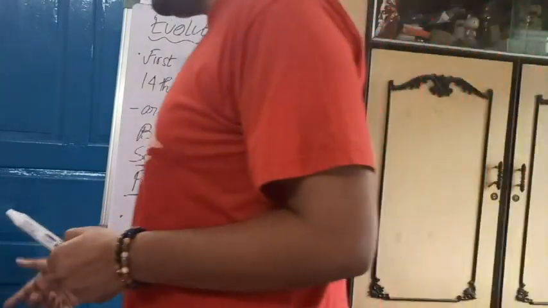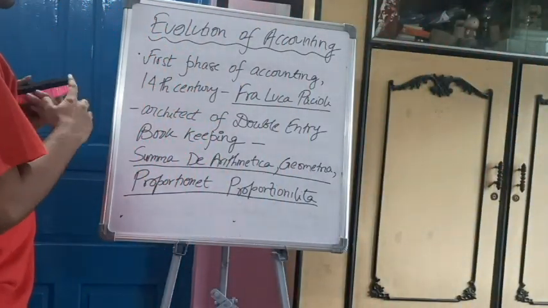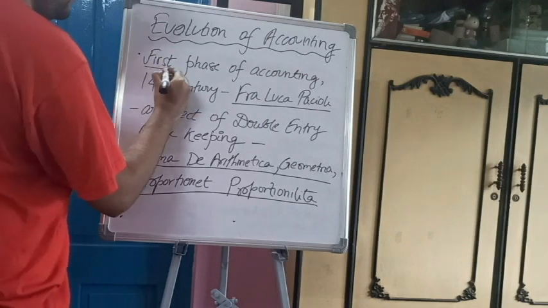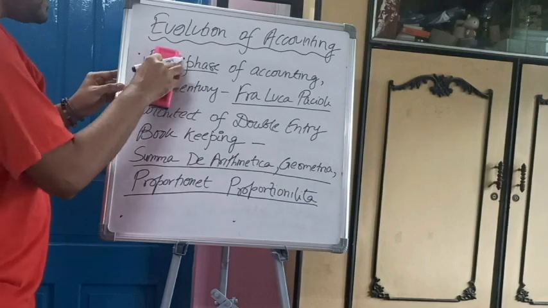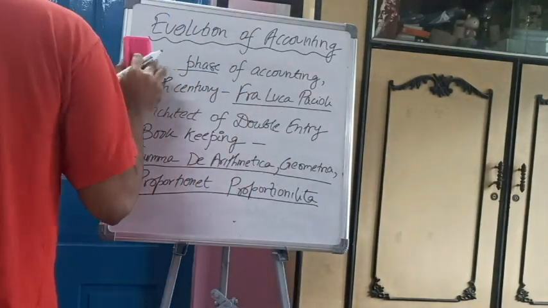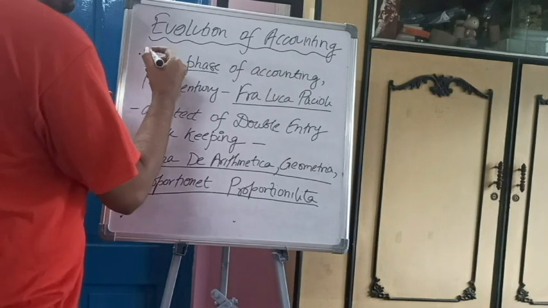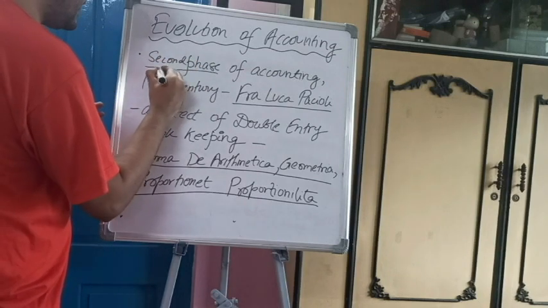Okay. Next, this is the first phase of accounting. Note down, this is the first phase. Fine. Now comes the second phase. What happened in the second phase?